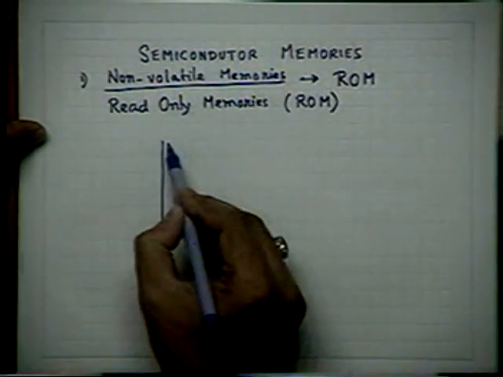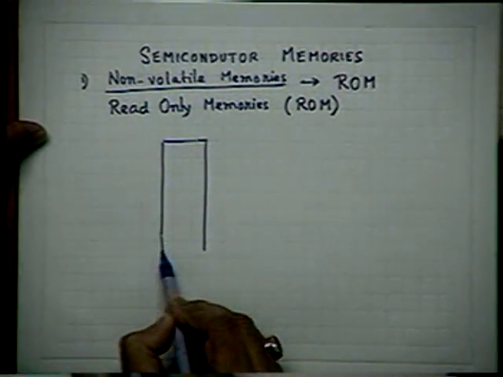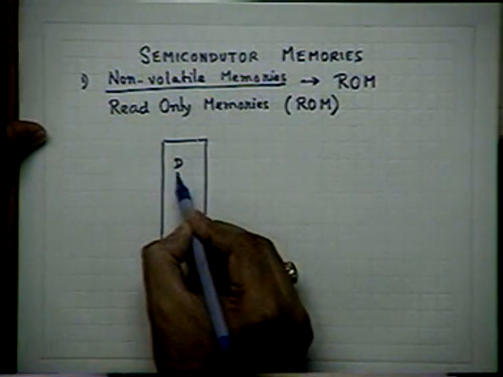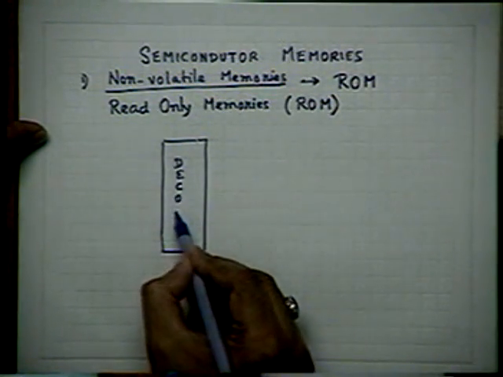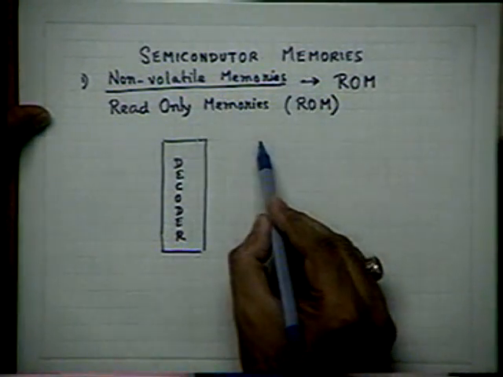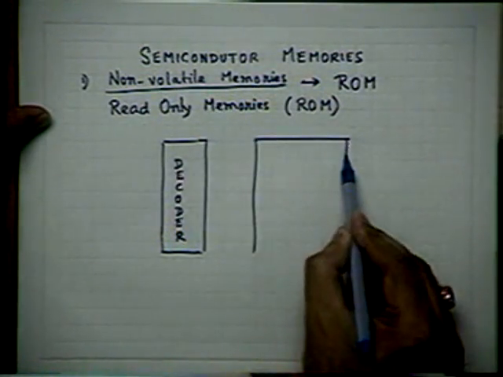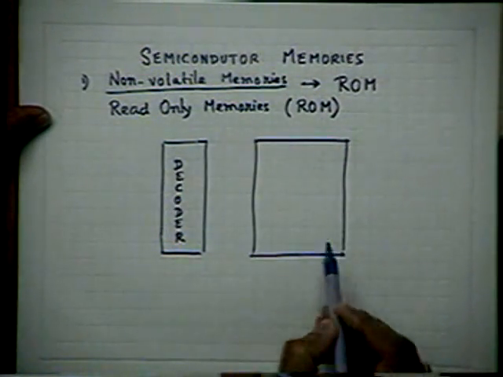As you know that any memory should have a decoding circuit. A decoder is called decoder. And then, of course, the memory or the encoder. This is the encoder.